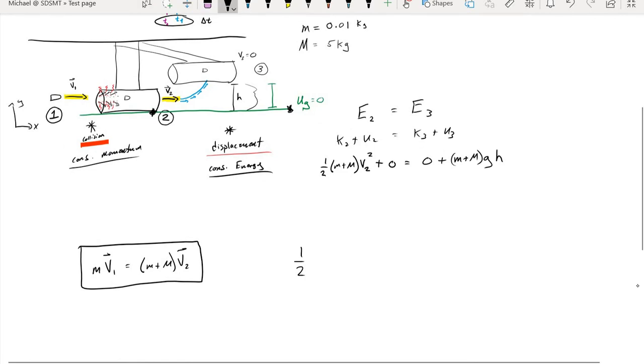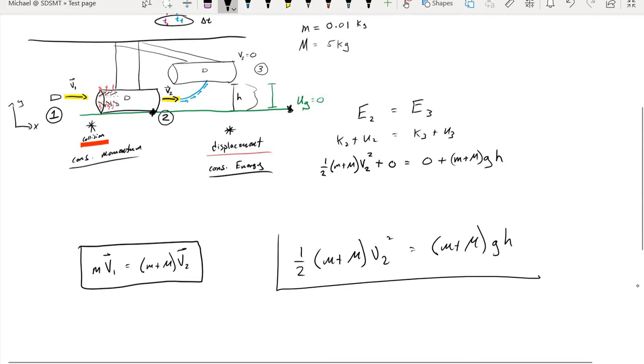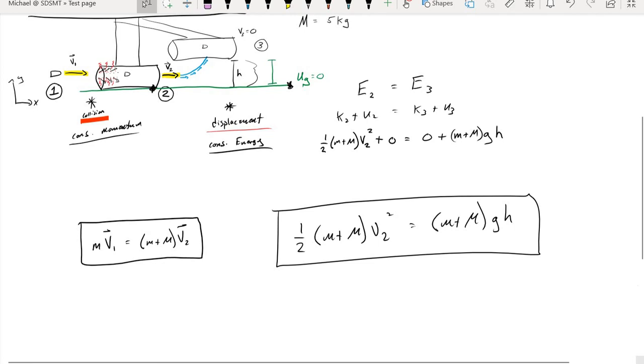And so we have two equations for this system. We have a conservation of energy equation that tells us what's happening between Sites 2 and 3. We have a conservation of momentum equation that tells us what's happening between Sites 1 and 2.